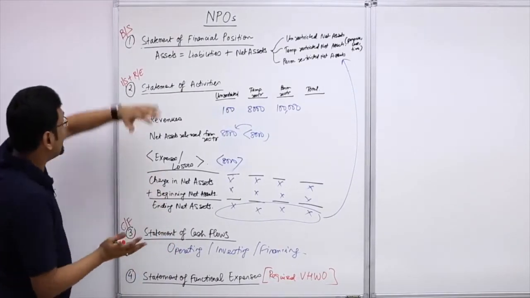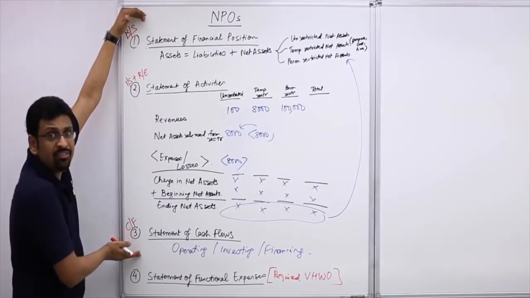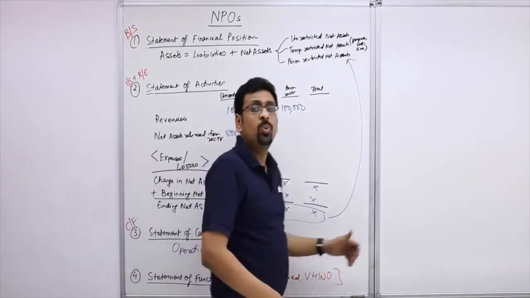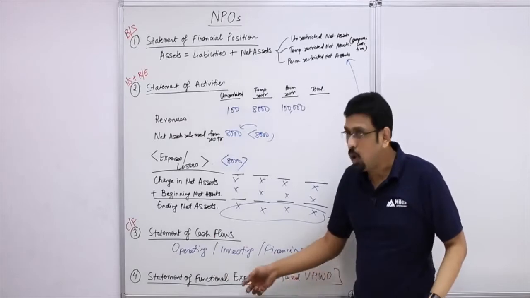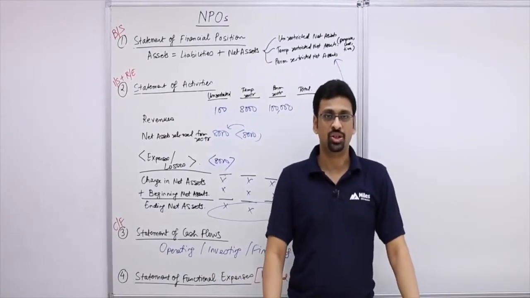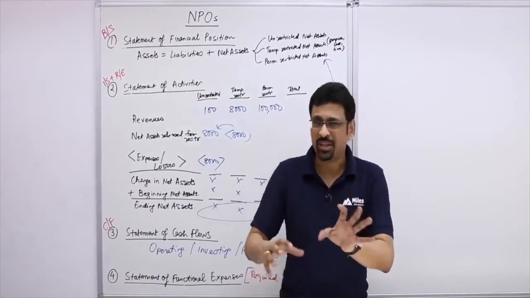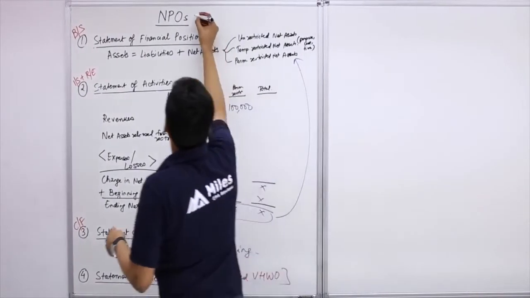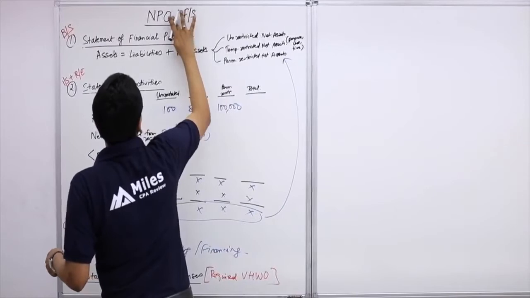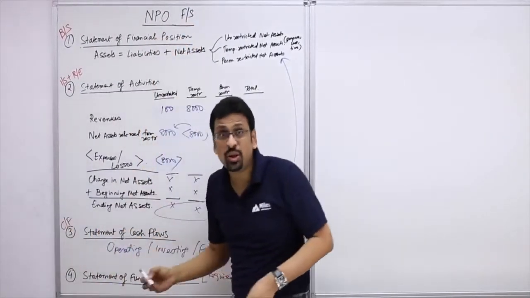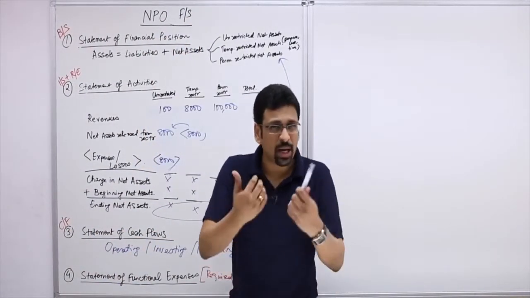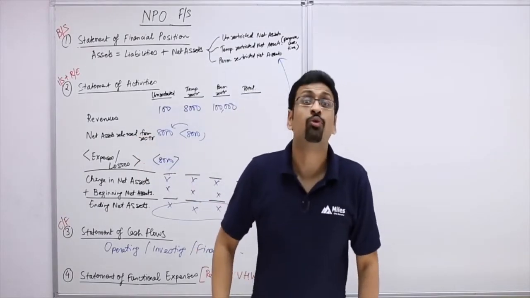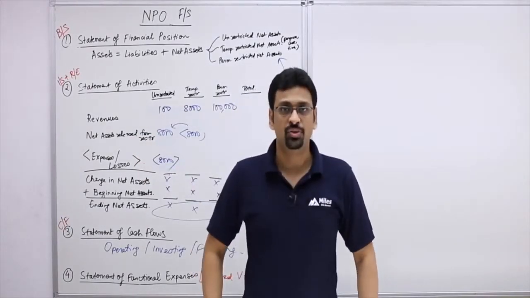So generally we're looking at these three basic financials and the fourth one, statement of functional expenses, which is required only for voluntary health and welfare organizations. So basically, that puts forth all the financial statements that you're going to prepare for NPOs, and let's look at all this on the book, and we'll come back and talk about contribution revenue, a major source of revenue for not-for-profit organizations.